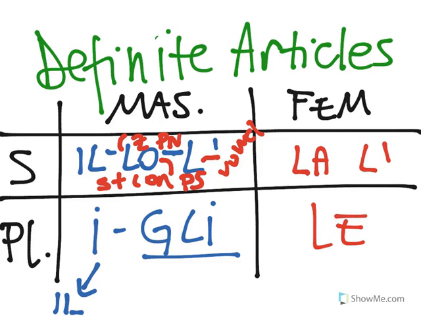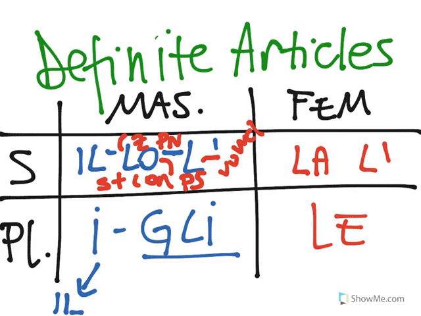So if we have the noun amica, that means female friend, this is a feminine and singular noun, but it starts with a vowel. So I will have to choose the definite article l'.